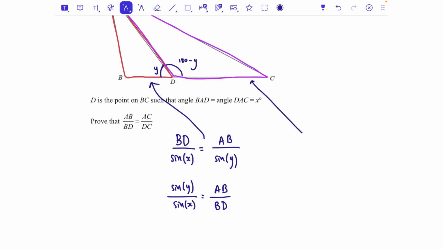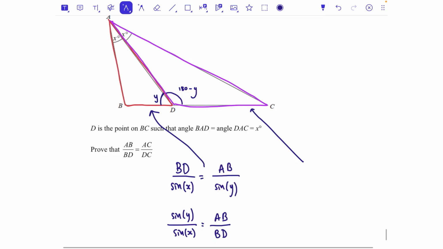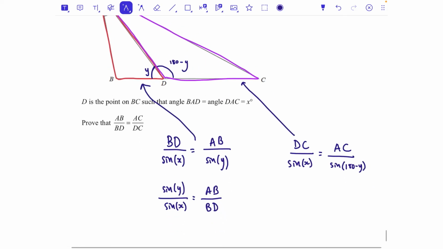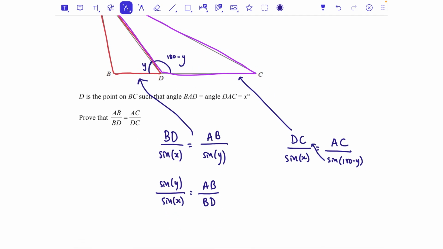Now let's look at the purple triangle and try and do a similar thing. So I've got, again, using the sine rule, DC over sine x equals, and then I've got this side over here, AC over sine 180 minus y. And again, if we rearrange that, I can bring this up here, and I can bring this down there.